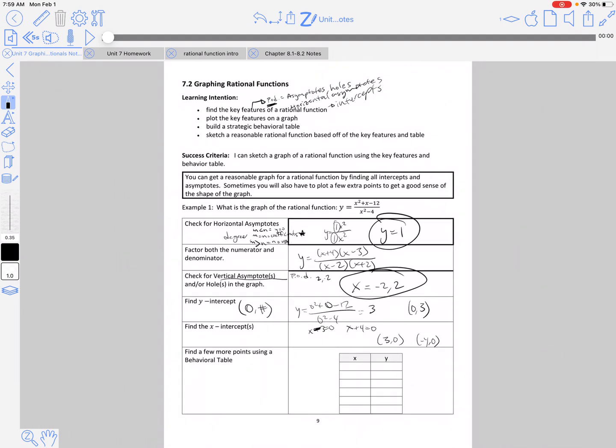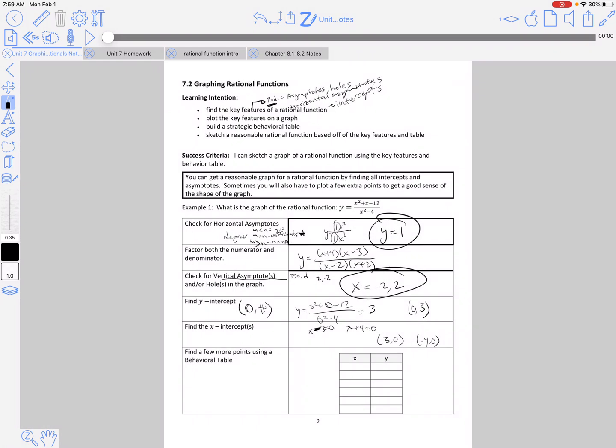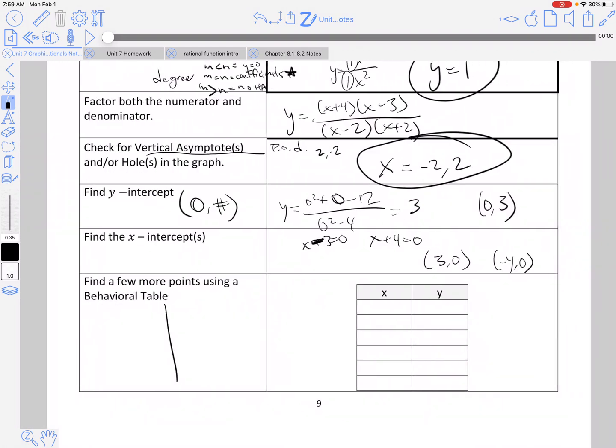Okay. So after you've found the key features, the next thing that you're going to do is graph it. Now this graph went on to the next page, so I think it'll be easier if we just draw it right here. So we have 1, 2, 3, 4, 5. 1, 2, 3, 4, 5. Okay, so we have all those things.